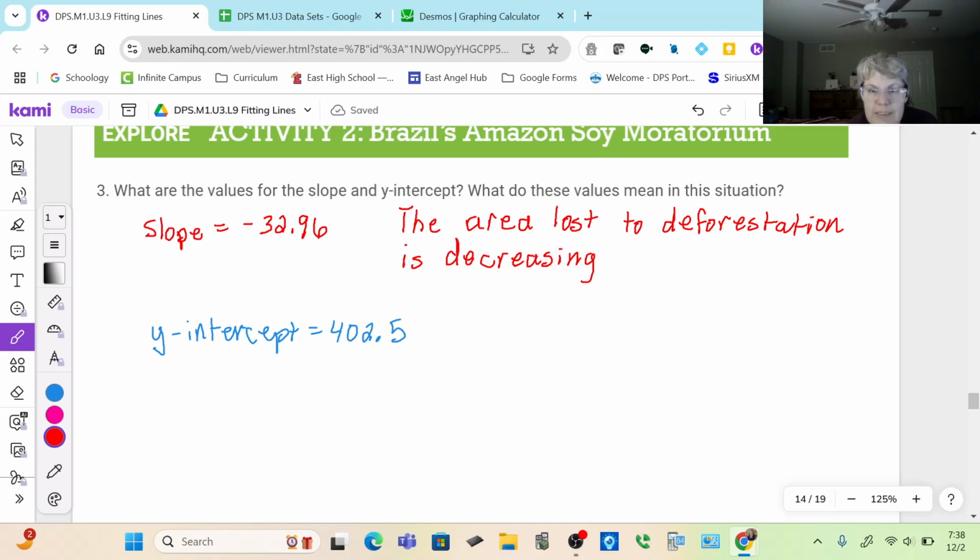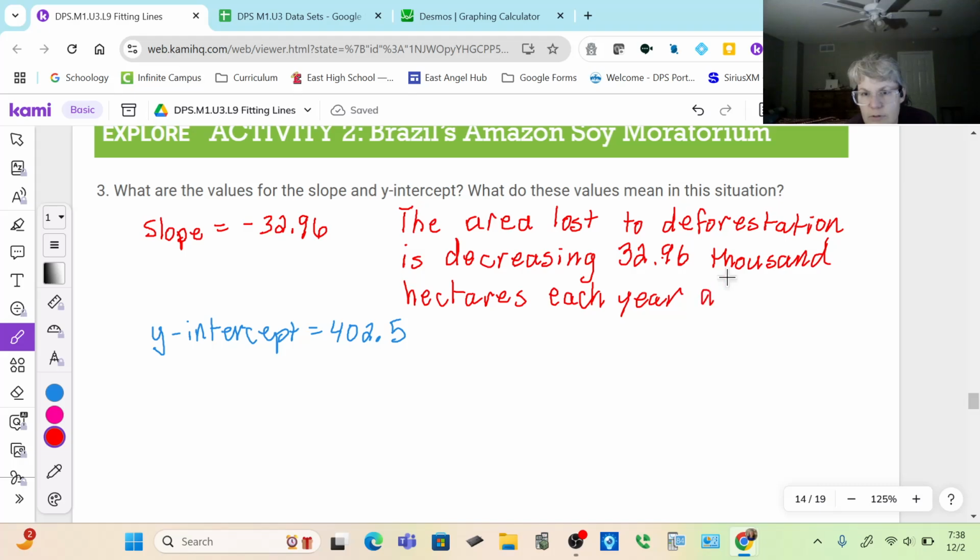And because I use the word decreasing, I don't need to include the negative when I write the 32.96. Oops, 96, not 69. 96,000 hectares each year after 2001.